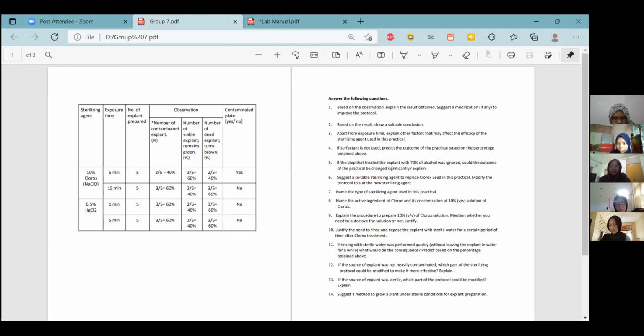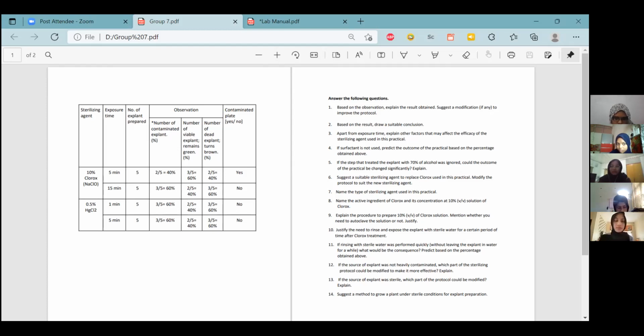For the Clorox solution, do not autoclave it because it will degrade the HOCl, or hypochlorous acid.